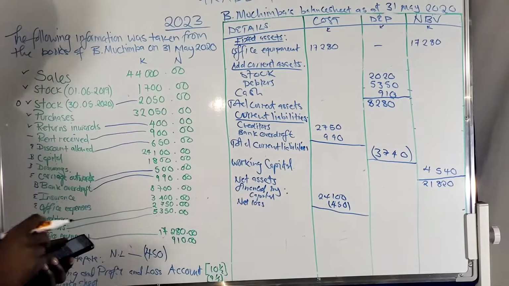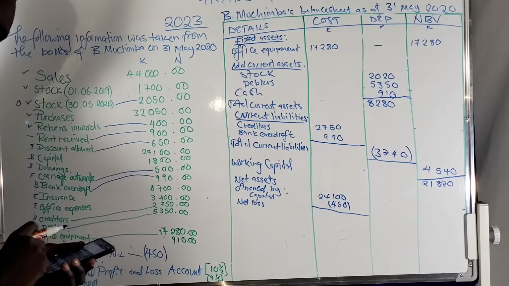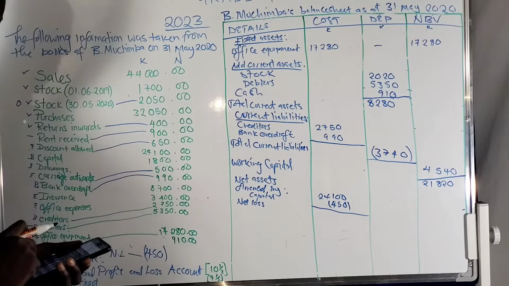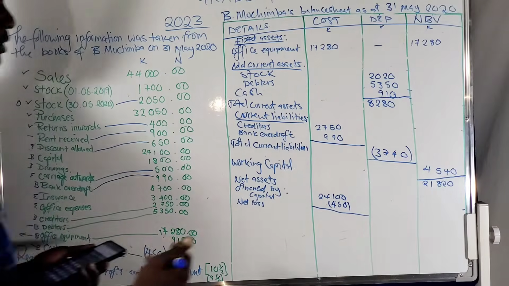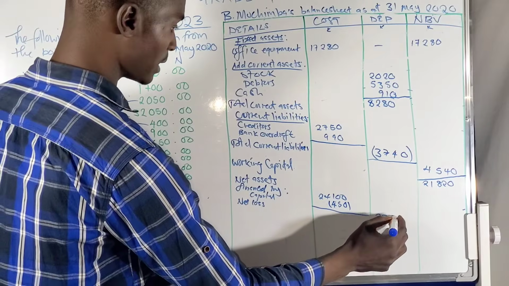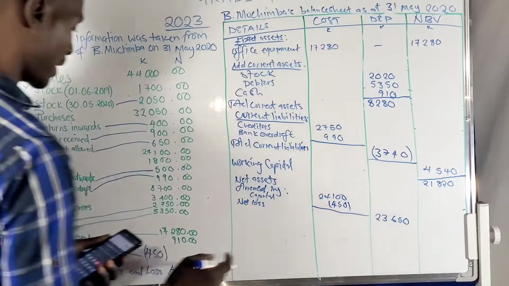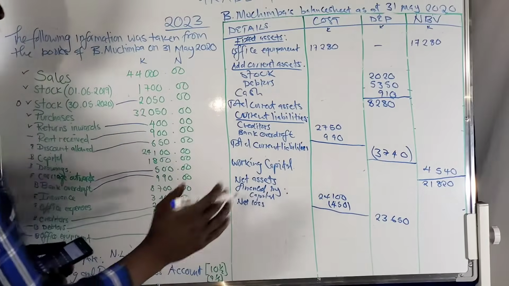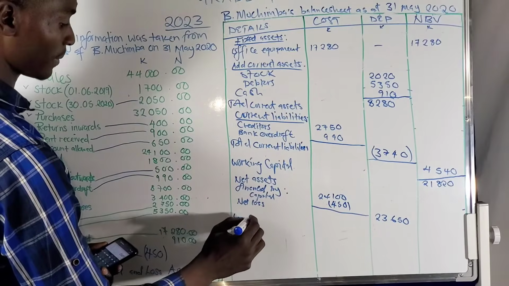So when you calculate, 24,100 minus 450, it's giving me 23,650. Then from that amount we are going to subtract the drawings. So we're going to say less drawings.